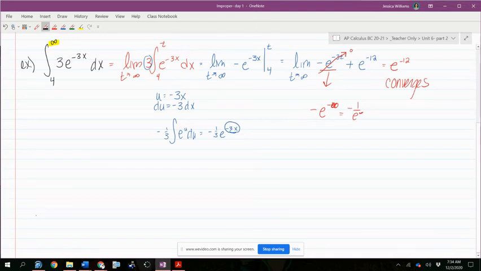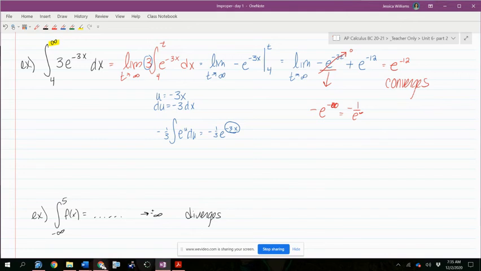So if I had a question and I took my improper integral and I did my limits and I did such a great job and I get that my limit approached infinity, then I would say it diverges because it doesn't approach a value. Infinity is not a value. It's not a number. So that's what those would look like.